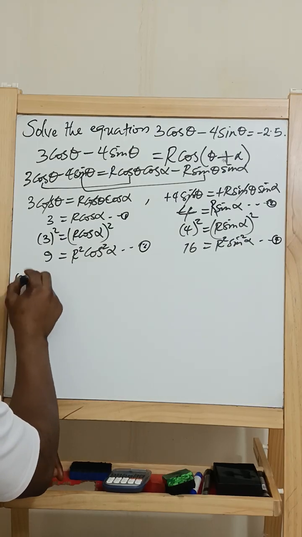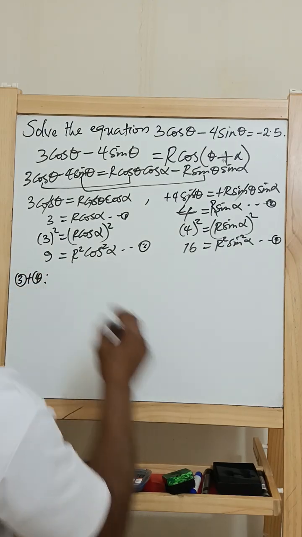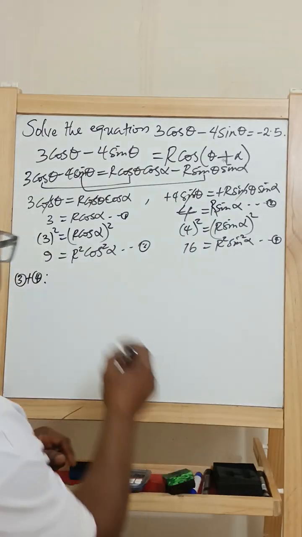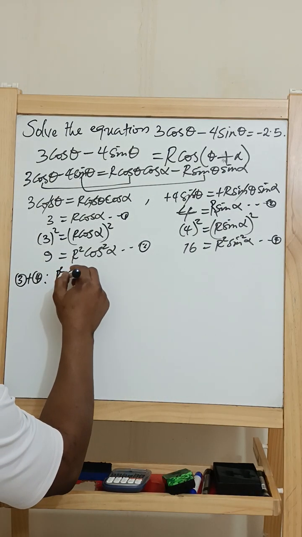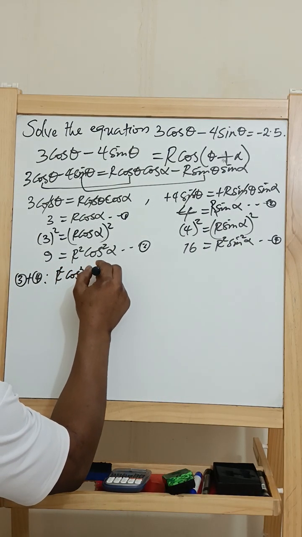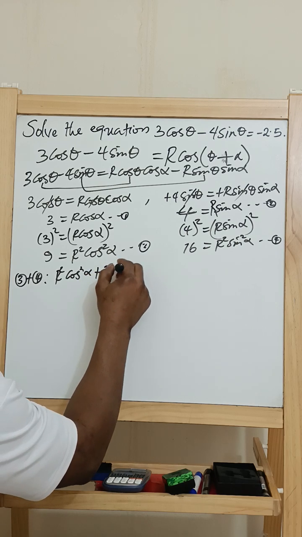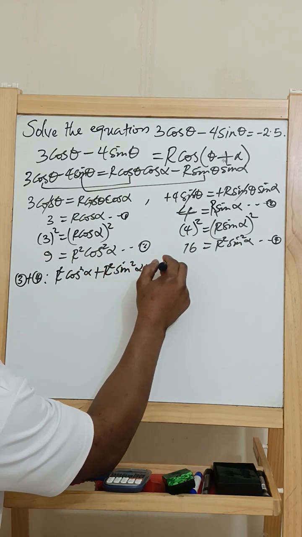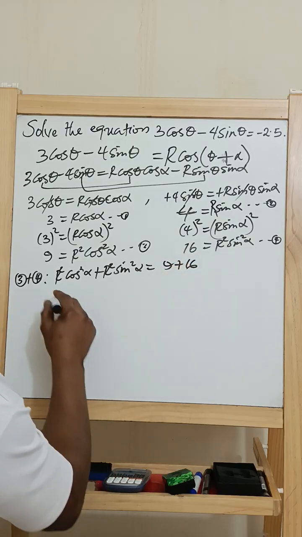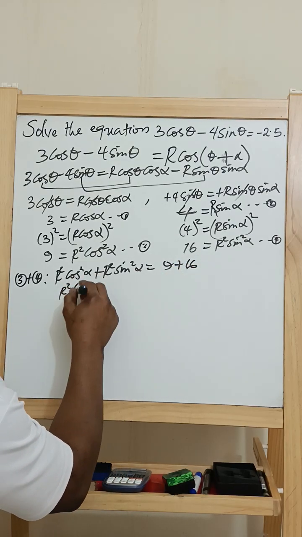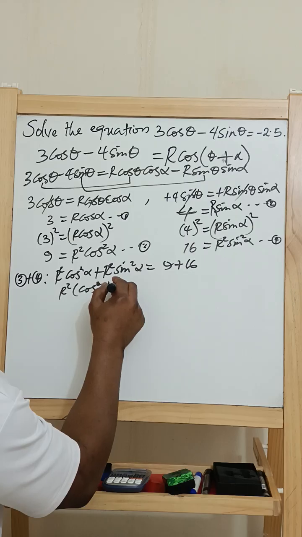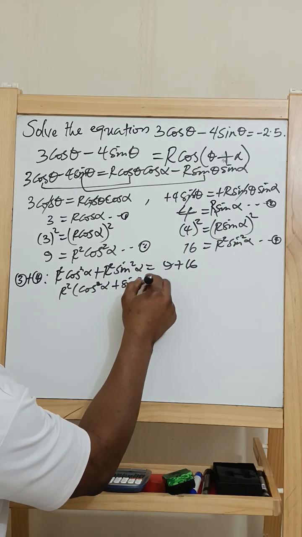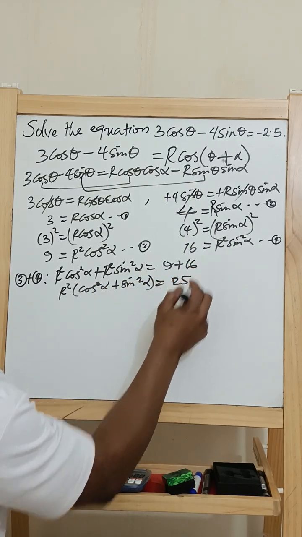If we add 3 and 4, that's r squared cos squared alpha plus r squared sine squared alpha, equal to 9 plus 16. So r squared times (cos squared alpha plus sine squared alpha) equals 25.